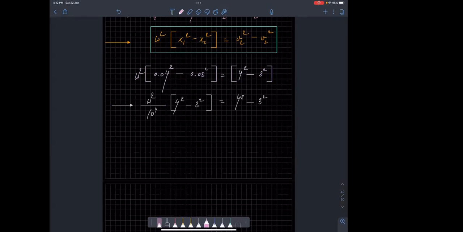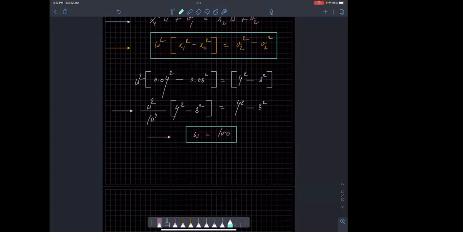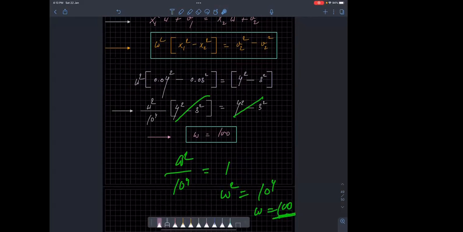So omega is what? 100. Can you see that? Square root of 10 power 4 is 100. See, this will cancel. Omega square by 10 power 4 equals 1. So omega square equals 10 power 4, so omega equals 100, right? Fine. We got omega.